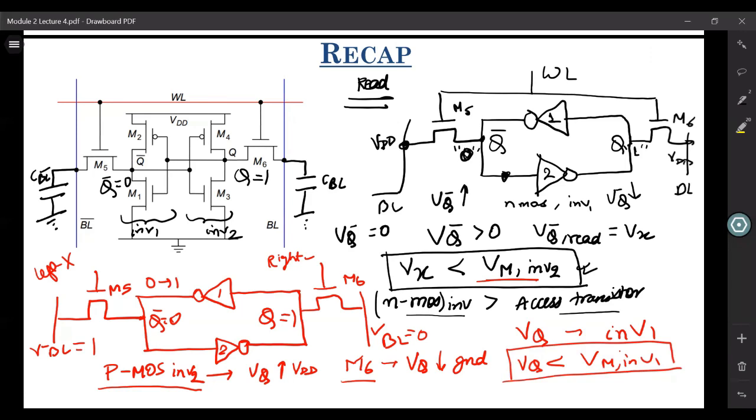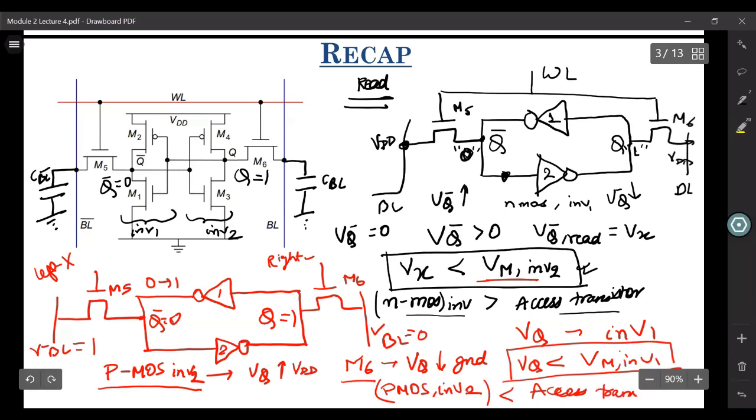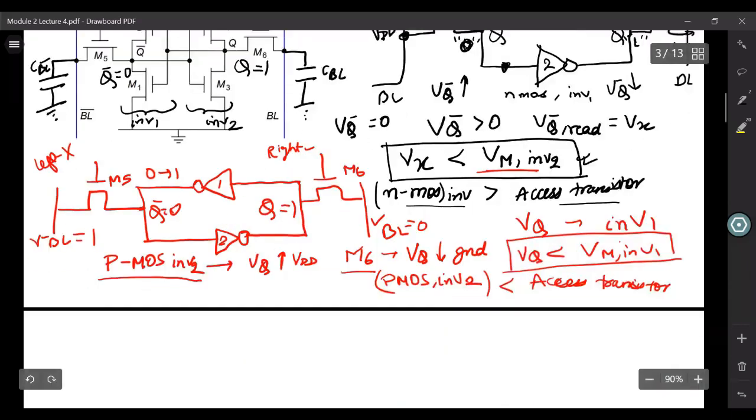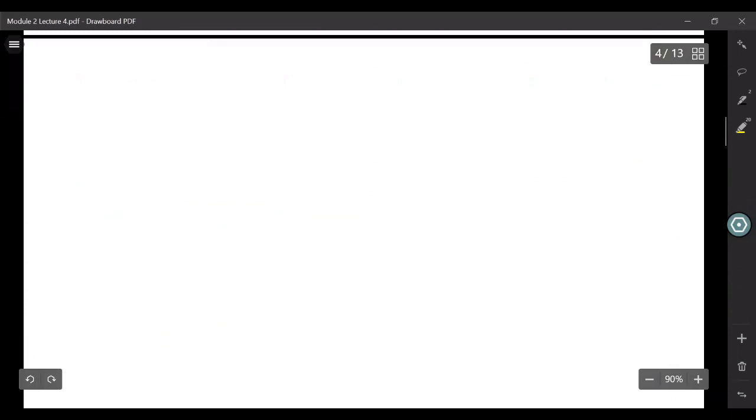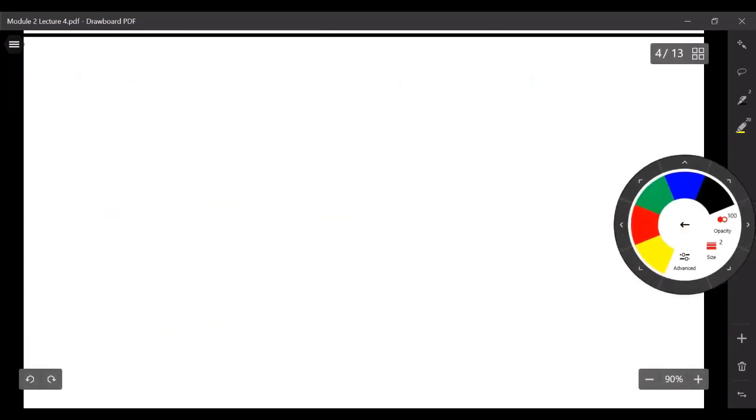And what was the criterion to ensure this? The criterion was we had to make the pull strength of PMOS of inverter 2 lesser than the pull strength of the access transistor of the SRAM cell. Now we discussed that usually we design our inverters such that the pull strength of NMOS is the same as the pull strength of PMOS.